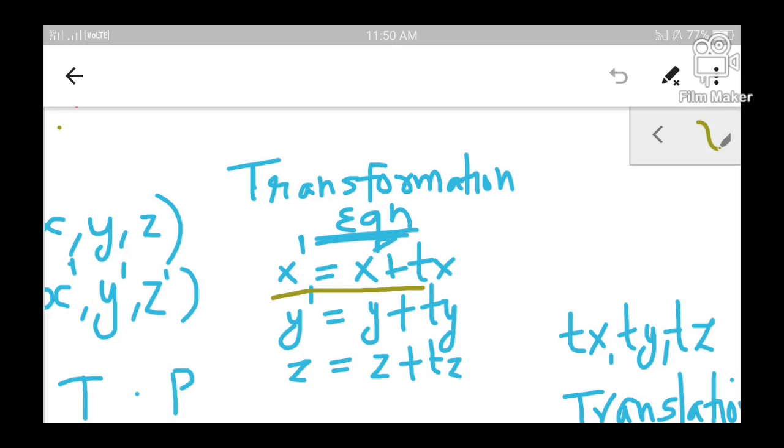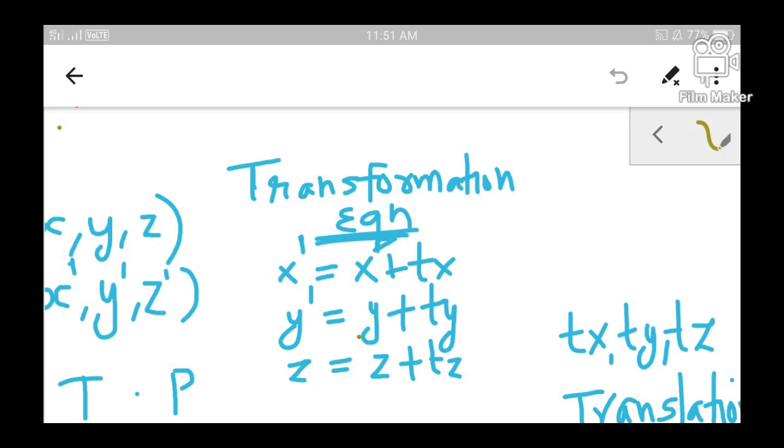x dash can be calculated using the value of x. Whenever tx is added to x, we get x dash. That means to the current position, when a translation vector tx is added, we get a new x value.